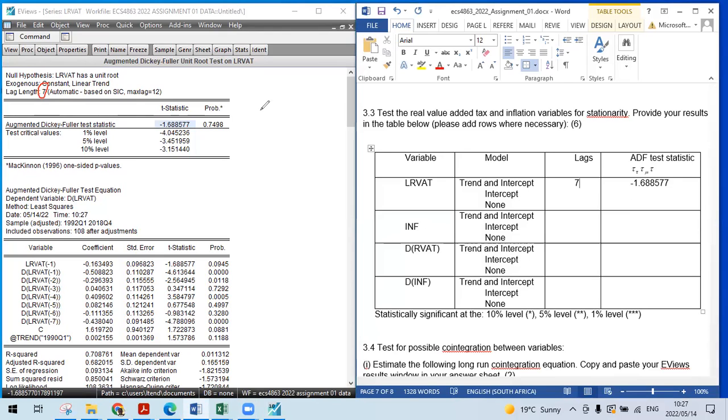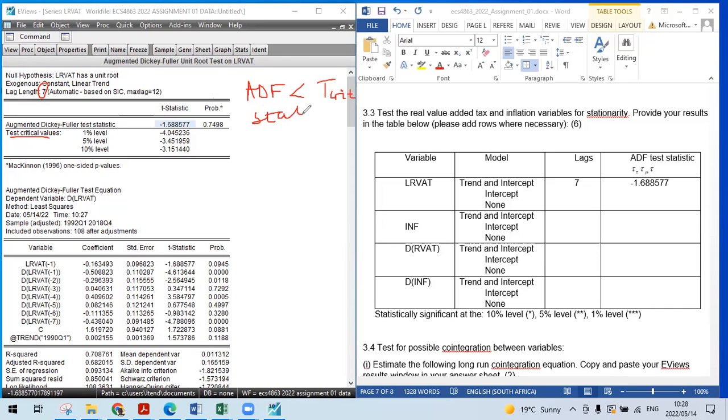What do we use? Let's use the rule of thumb. If the ADF, the augmented Dickey-Fuller test statistic, is less than the test critical value, let me just say test crit, conclude that the variable is stationary.